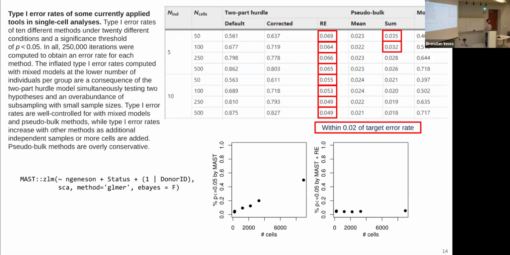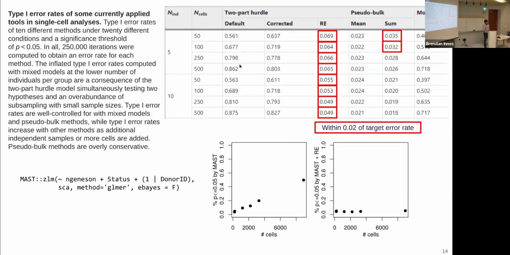So that's assuming you're using something like MAST, which is this two-part hurdle model they're talking about. They were pretty fascinated by it. So they tested MAST, this two-part hurdle model, with and without this random effect term, and then reported the results in this beautiful table because they hate their readers, and noted that the type 1 error rate, which is your p-value essentially, was 0.5 or 0.6 or wildly high when the p-value was supposed to be set at 0.05.